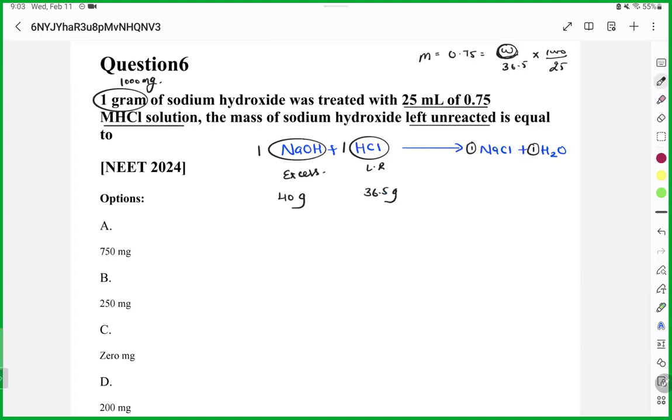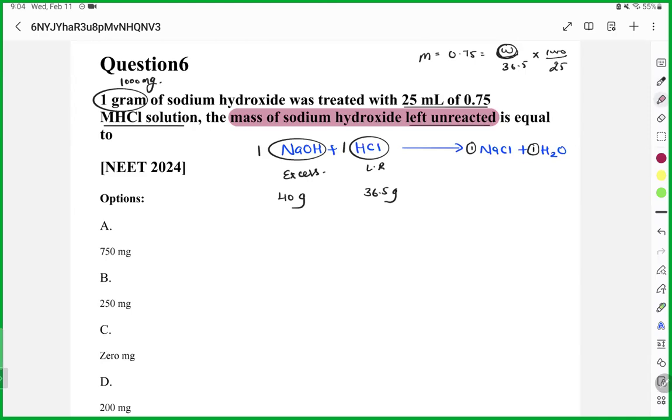And you are already saying HCl is the limiting reagent. How do we know? Because NaOH is present in excess. See, NaOH is left unreacted in excess.